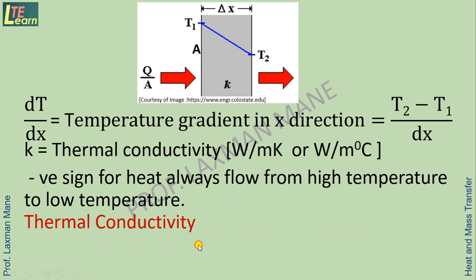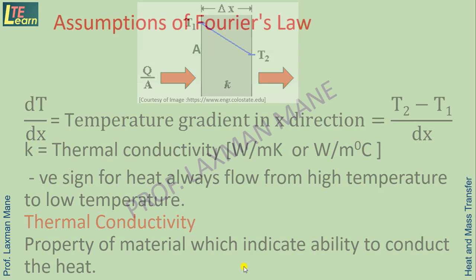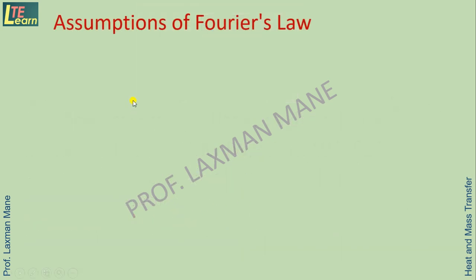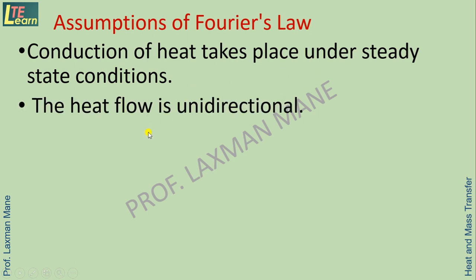Thermal conductivity is a property of material which indicates ability to conduct heat. Assumptions of Fourier's law: Conduction of heat takes place under steady state conditions. The heat flow is unidirectional, meaning heat transfer takes place in only one direction.